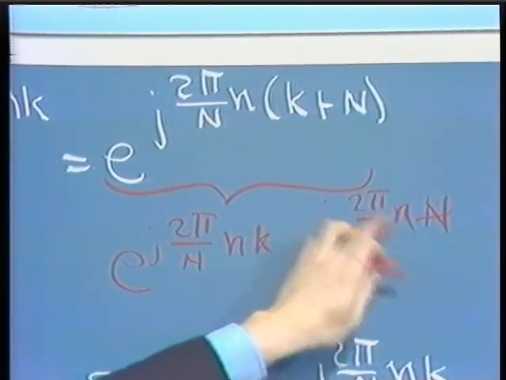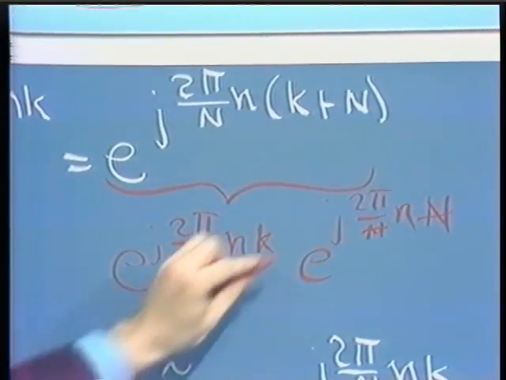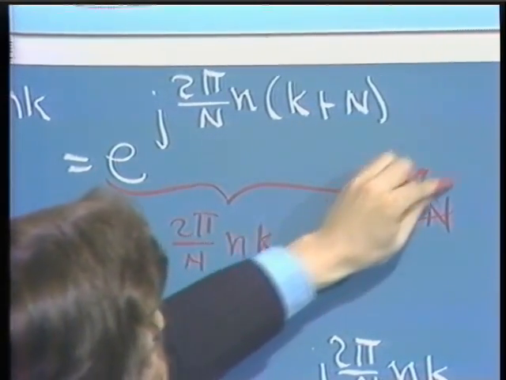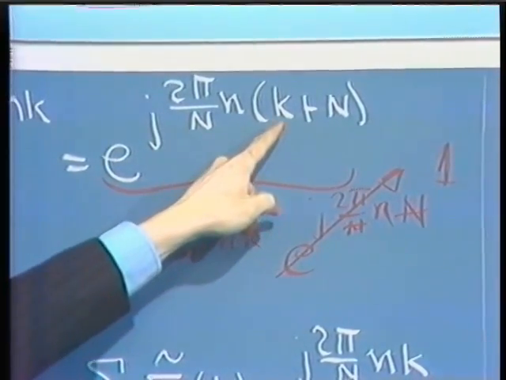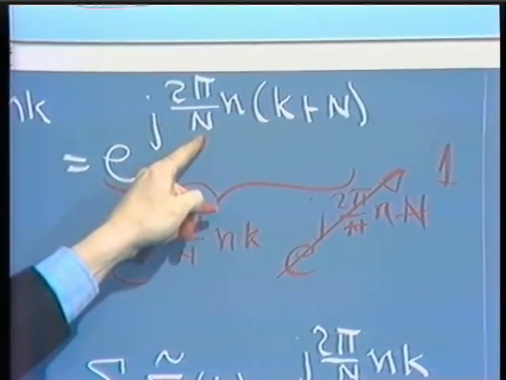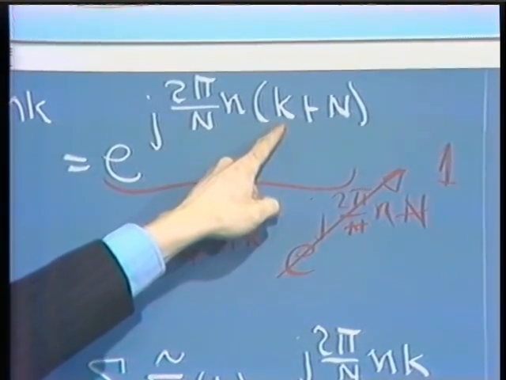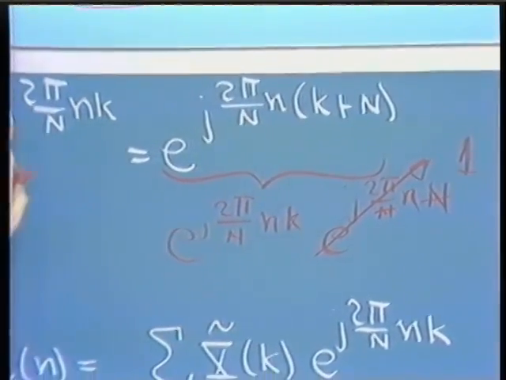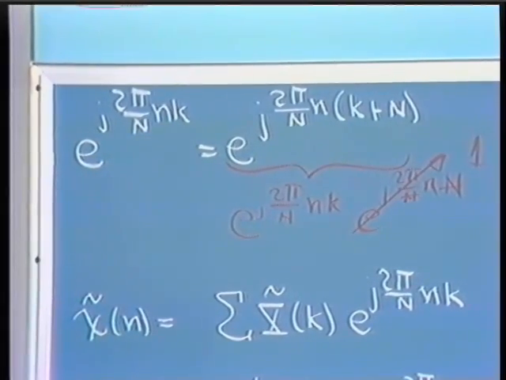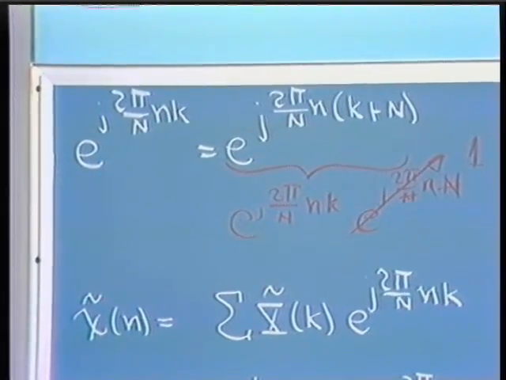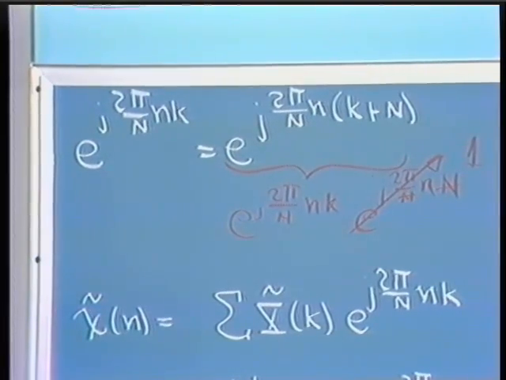Well, any integer multiple of 2 pi up here then just simply reduces this to unity, so that, in fact, e to the j 2 pi over capital N little n times k plus capital N is the same as e to the j 2 pi over capital N little n times k. Well, that shouldn't be surprising, actually, because that's a point that's come up time and again as we've been going through these lectures.